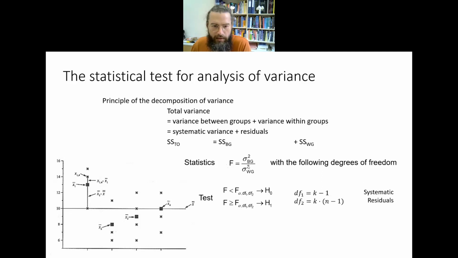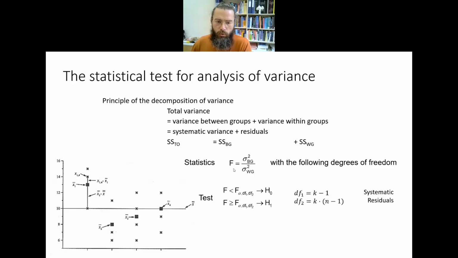And when you estimate both and you also correct them for the number of levels you have and the number of observations you have, so you have a computation here of degrees of freedom, then you get an F value. And this F value can be big or small. And how do you evaluate that?